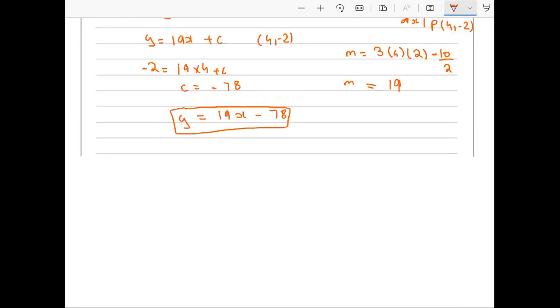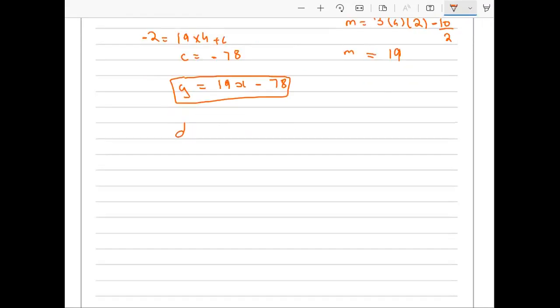We have dy by dx equals 3x under root x minus 10 x to the minus 1 by 2. Let's just write it in a more simplified version so we can integrate it easily.